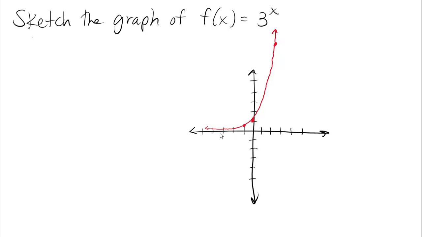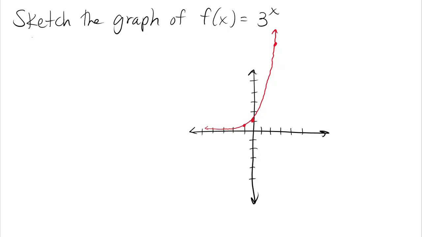For the negative inputs, we're just taking the reciprocals of positive powers of 3. So it's making the denominator bigger and bigger and bigger, but it stays positive the entire time, and so the function kind of hugs the axis like this. There's a horizontal asymptote of y equals 0 on the left side. On the right side, there is no asymptote, it just shoots up forever.